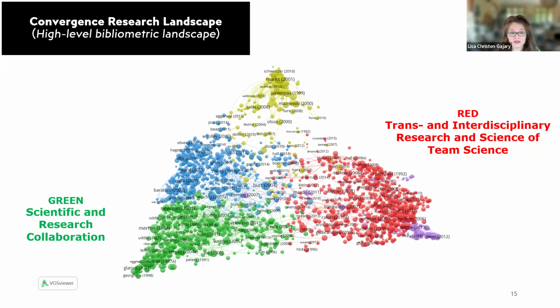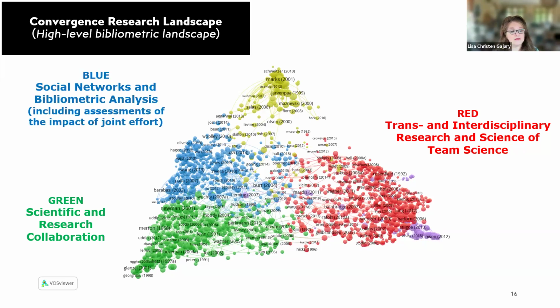And also on the green, you can see scientific and research collaboration. And Joy, the next slide, please. Blue, right. In the red you find the team size, and in blue is where a lot of the bibliometric analyses are. Central within this cluster, you find the literatures on innovation and use-inspired research.